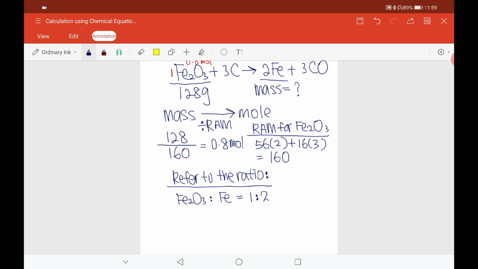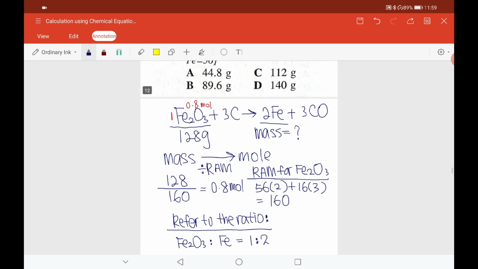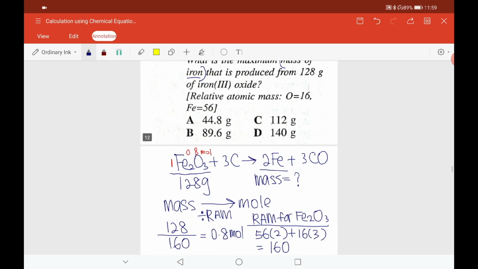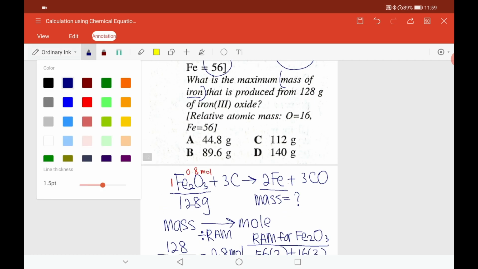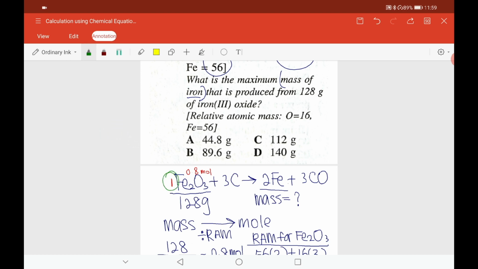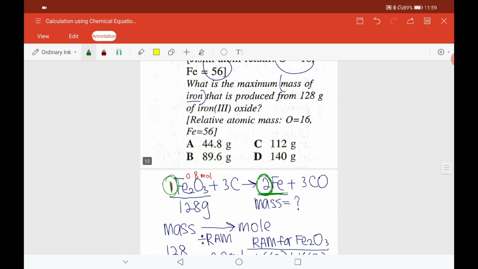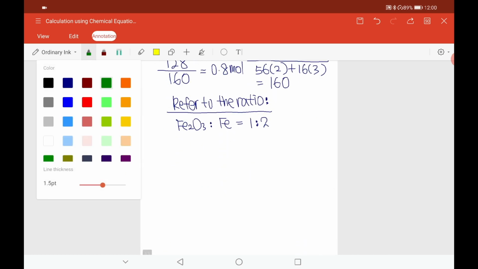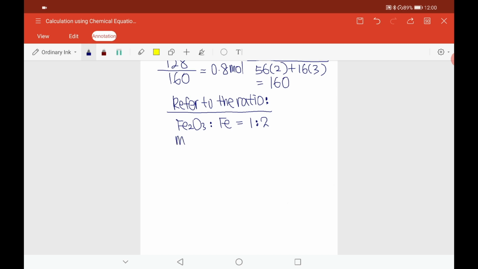When we refer to the ratio, how do we find the mole of iron? Fe2O3 has a ratio of 1 and iron has a ratio of 2. So the mole of iron is always double that of Fe2O3.